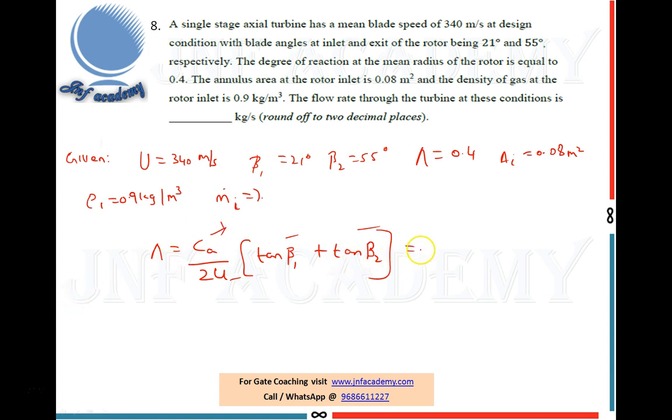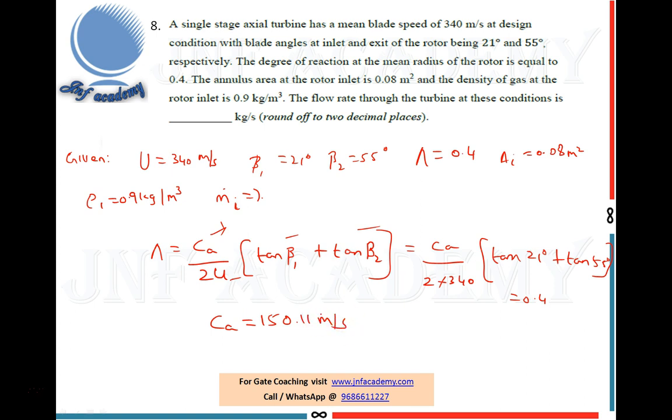Substituting: CA divided by 2 into 340 into tan 21 degree plus tan 55 degree, equal to 0.4. From here, the axial velocity CA comes out to be 150.11 meter per second.